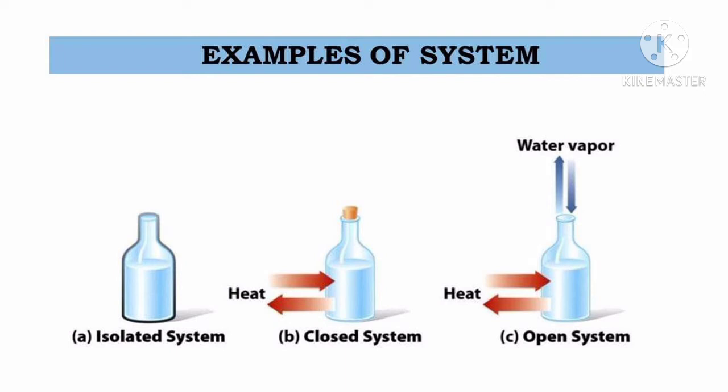As you can see, any form of gas cannot enter because it is closed, but heat can. In an open system, the bottle has no lid and no insulated covering. Therefore, gases such as water vapor, oxygen, carbon dioxide, and heat can enter into it.